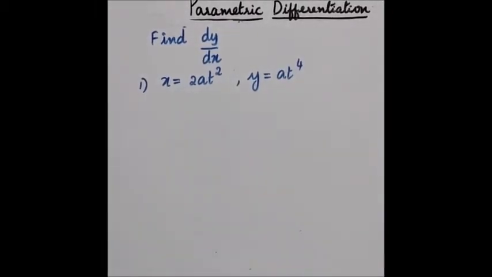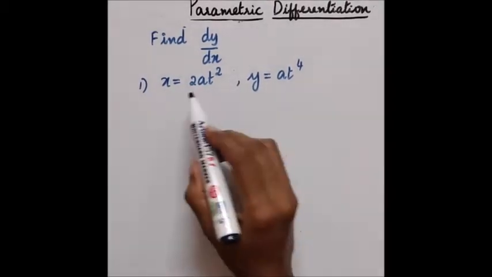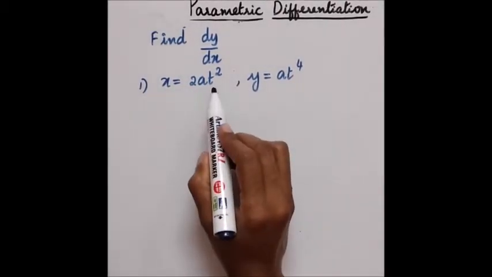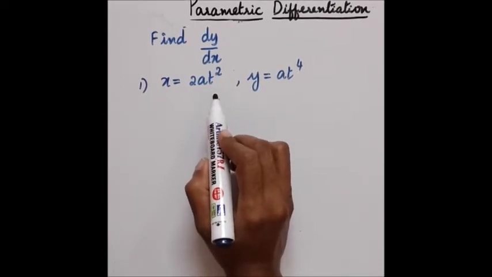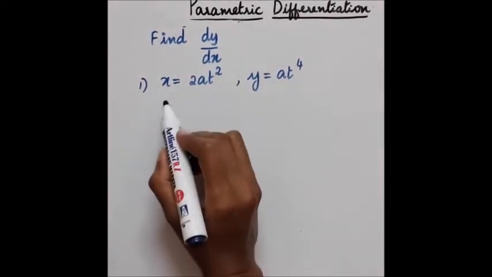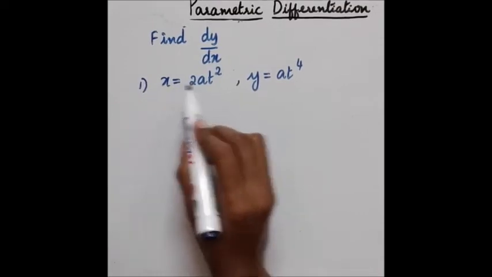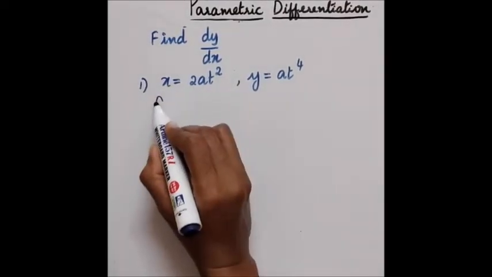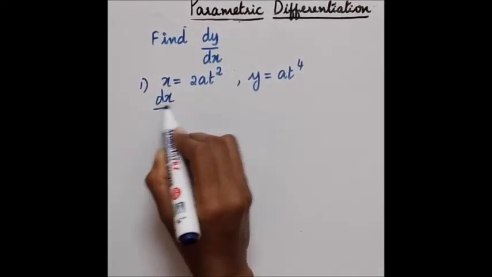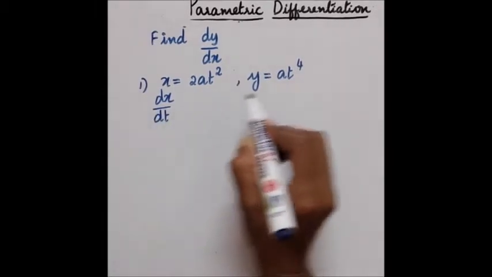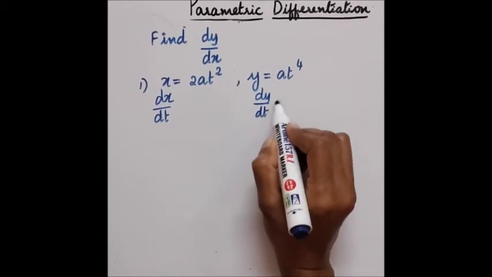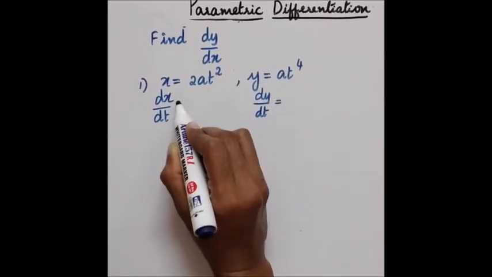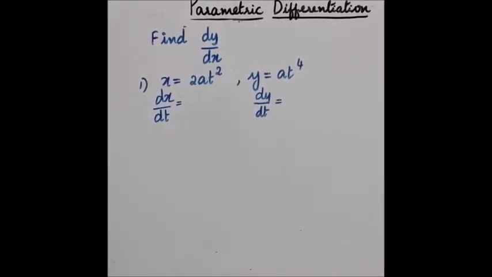As I told you earlier, the third variable used could be t or theta. So here it is t. As x and y are functions of t, let's find dx by dt as well as dy by dt, that is, differentiate both x and y with respect to t.